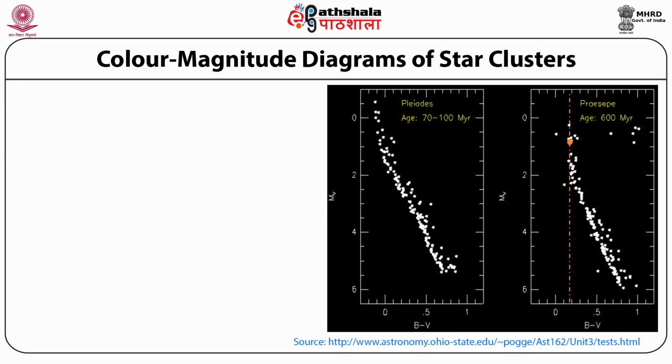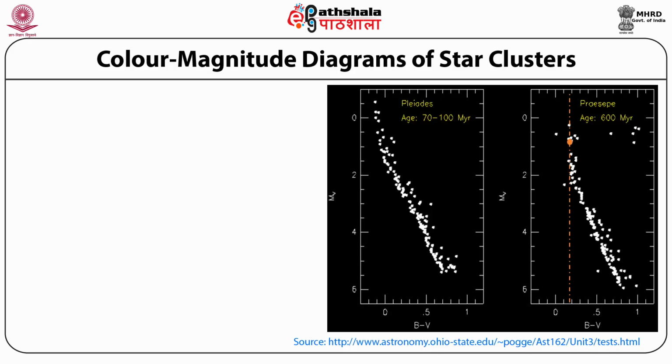Color magnitude diagrams of stellar clusters. Now this figure shows the color magnitude or CM diagrams of stellar clusters such as Pleiades, Praesepe, M44, M92 and M67.